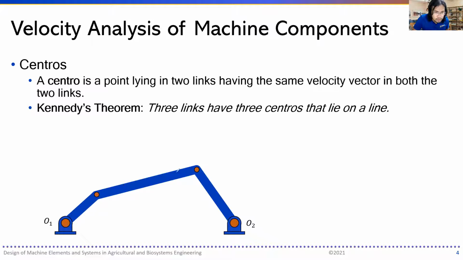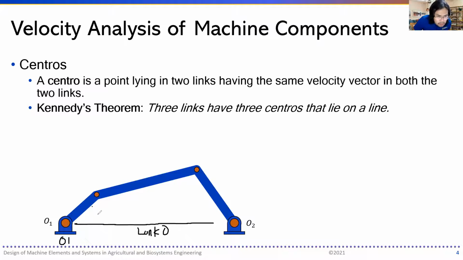You have, for example, these 3 links, this one and this one would have what? Would have a link 0, 1 over here. This is link 0, 1. We have to state first that this is link 0.